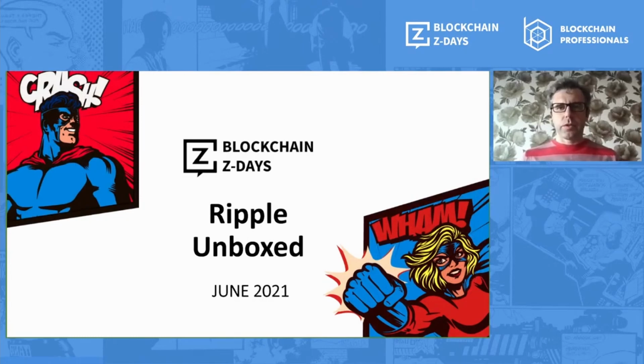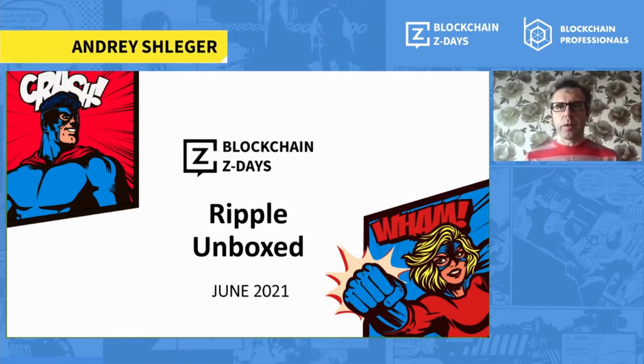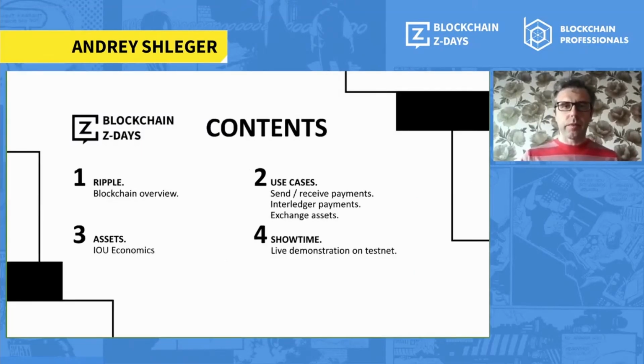I'd like to share the information which I gathered in recent months about Ripple and how it could be used in some commercial projects. So, what is Ripple? Ripple is a blockchain named behind one company.